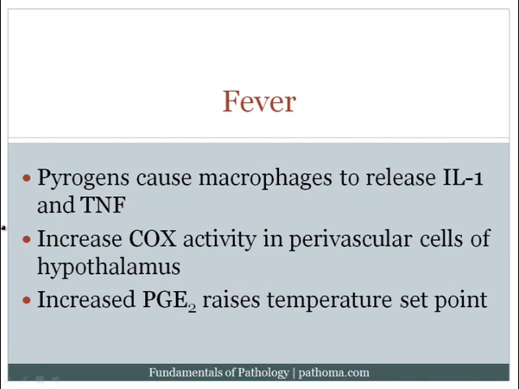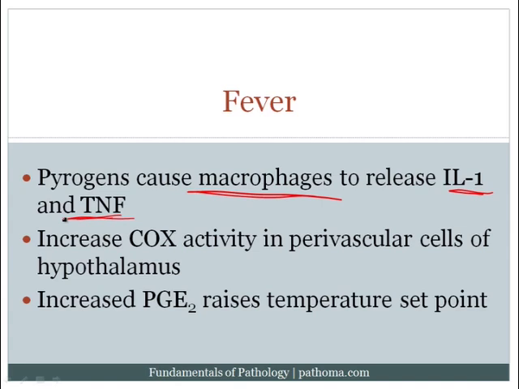And the next sign of, or I would say the final sign of acute inflammation, at least the final cardinal sign of acute inflammation, is fever. And fever, the mechanism is very important to know. Examiners love to go after this. So the way by which fever occurs is that the macrophages, and that's important, the macrophages release IL-1 and TNF, and IL-1 and TNF basically get into the bloodstream.